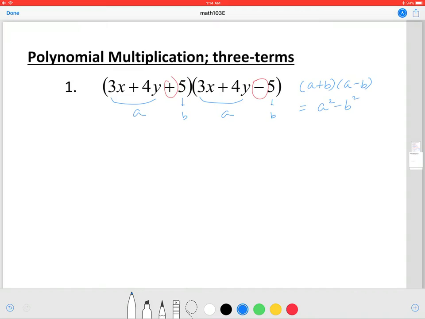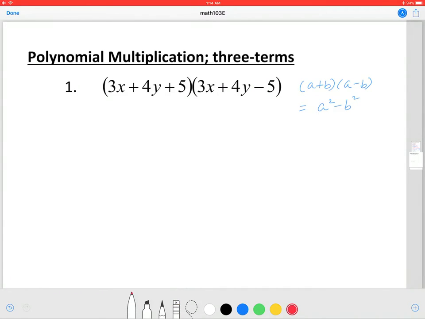Keep in mind, A is this binomial, 3x plus 4y. So let's go ahead and use that idea. So let's proceed.